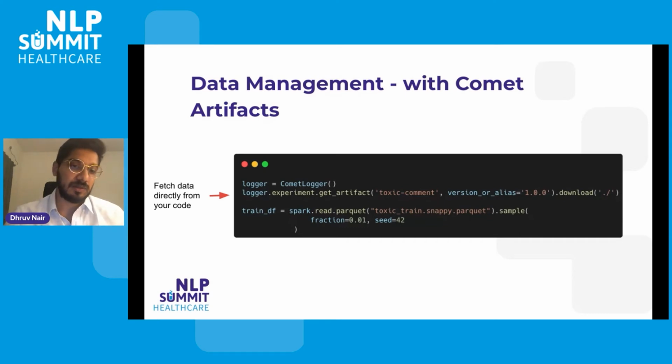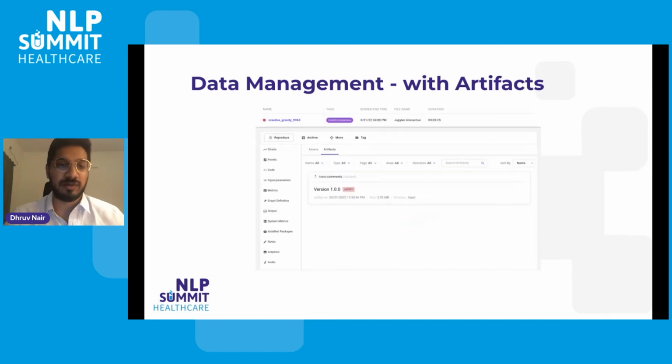So you can see here, with a single line of code, you can fetch a dataset by name and version and download it to a specified directory so that you can use it in your training runs. And when you use an artifact in a training run, it is logged to an experiment. So you automatically have an idea of what input data was fed into a model.